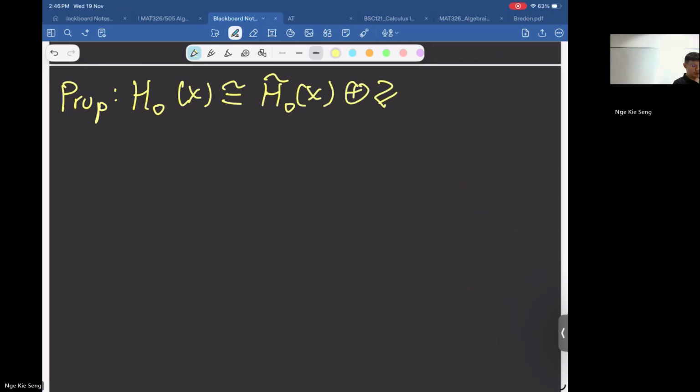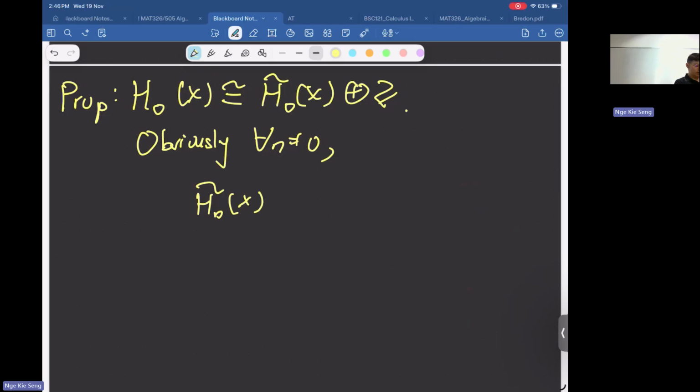How about for the rest of the n? What is Hn tilde of X? Hn tilde of X is defined to be the homology of the chain group we had just now. That chain group is the previous chain group plus a non-trivial degree -1 term. For the rest, it is still the same chain group you get from the normal homology.